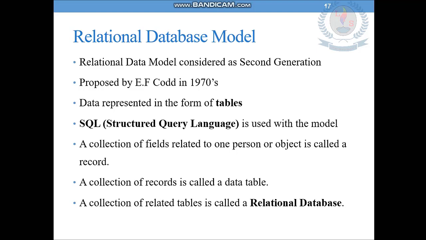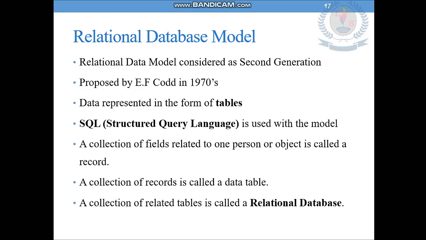So under second generation, we have the relational database model, and that model was proposed by E.F. Codd in 1970. The thing is, in this database model, the database management system defines database relationships in the form of tables, also known as relations. Relational database models usually have predefined data types that they can support.